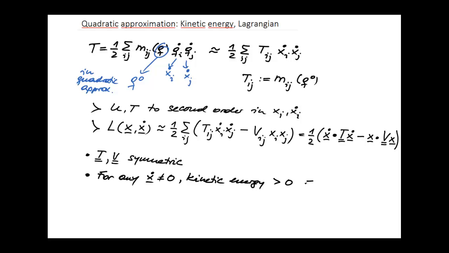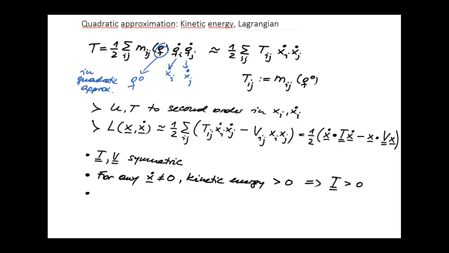Since the kinetic energy can be written as the scalar product as above, and it must be positive for any choice of the vector x dot that is different from 0, this implies, by definition, that the matrix T must be a positive matrix.